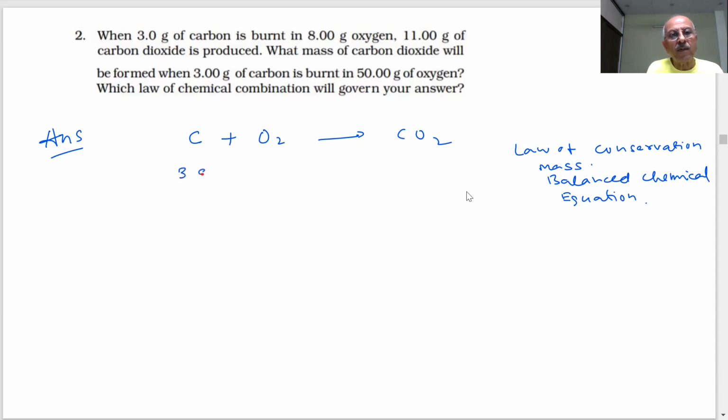So what has happened? 3 gram of carbon is reacting with 8 gram of oxygen and you will get 11 gram of CO2. Now students, the question is, you have 3 gram of carbon and you have 50 gram of oxygen. What is the mass of CO2?